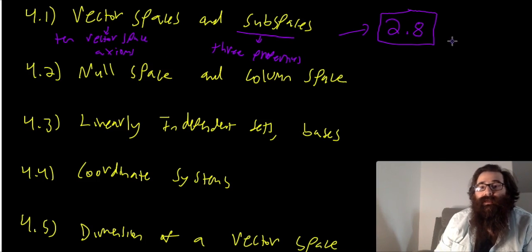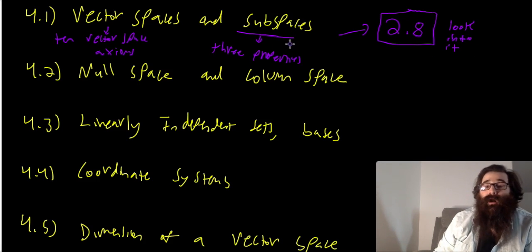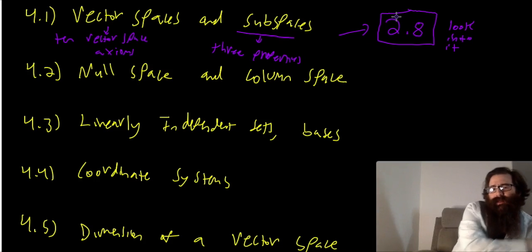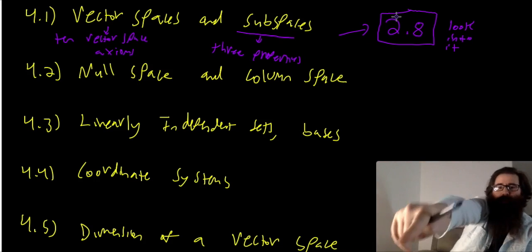But in 2.8, we have a couple more, right? So check back on those examples. So I'm going to write a little note here, look into it. Because we had some really great examples showing that things either are or are not subspaces in 2.8. So I think that's worth revisiting this lecture as well. So I'm going to send you back to 2.8. Check it out. 2.8.